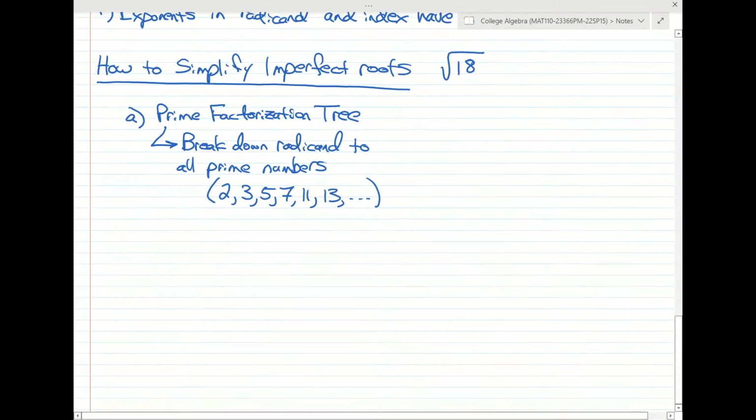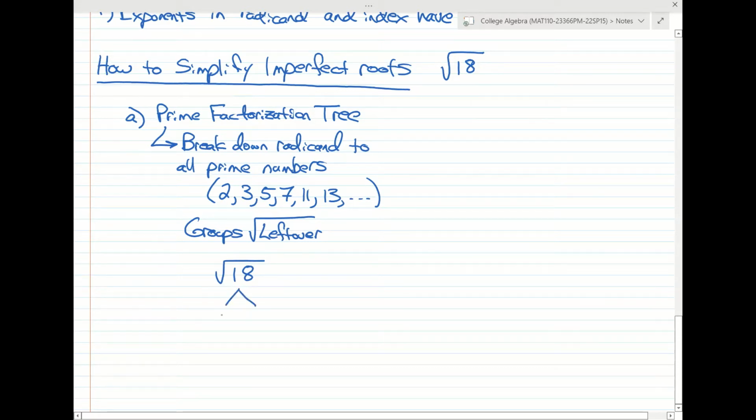So if we take a look at the square root of 18, what we're going to do is write our groups on the outside, and write what's left over on the inside of the radical. So let me show you what I mean. With the square root of 18, we're going to break 18 down to prime numbers.